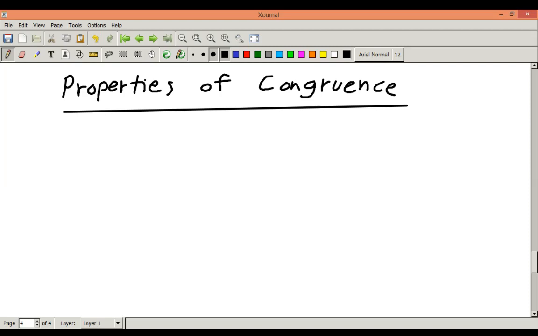Properties of congruence. Well, these are going to look familiar to you. You got the reflexive property. You're thinking, well, we already did that. Well, we did it for equality. It's also true for congruence. So we can say that segment EF is congruent to segment EF.